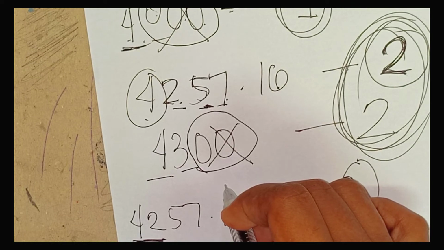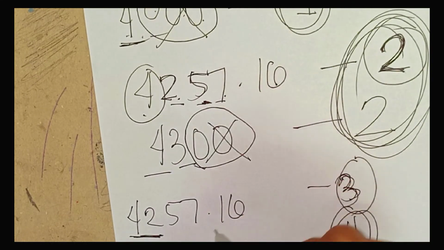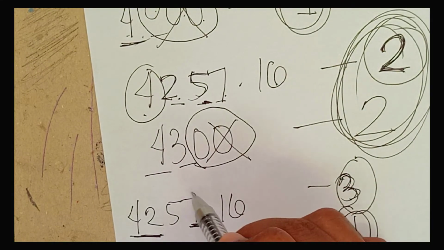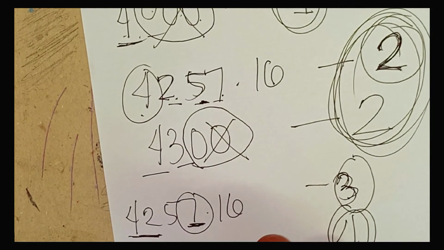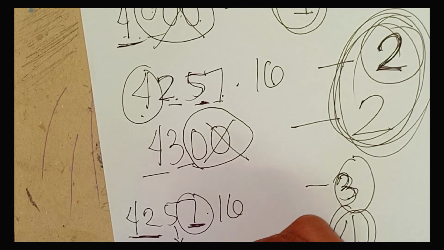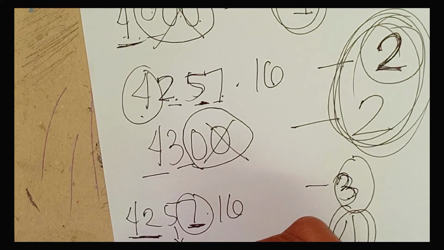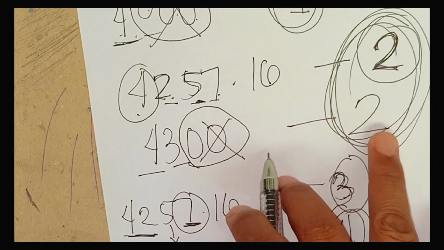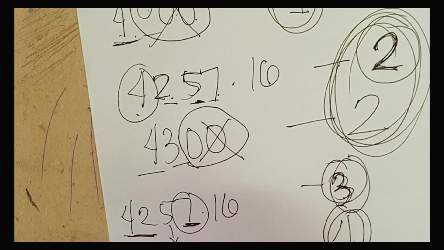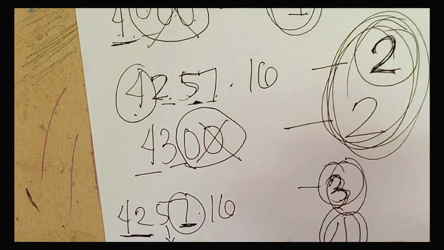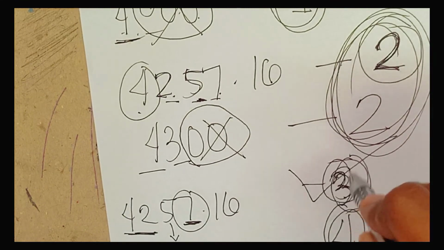Since the next number is 7, which is greater than 5, we round it off. So 4, 2, 6. Then we need to add 0 here because we need only 3 sig figs. So we have 1, 2, 3, we have 3 sig figs.